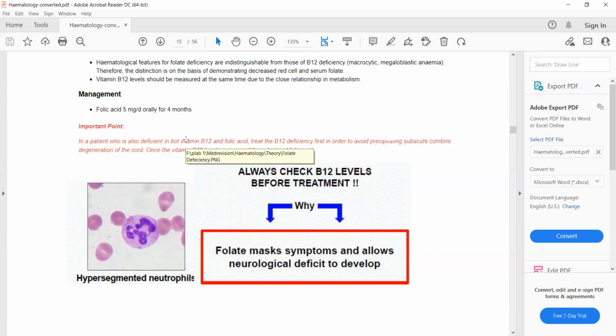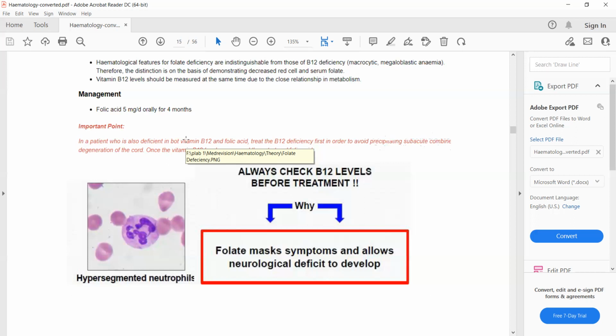That's why you need to always check B12 levels before treating folic acid deficiency. If both deficiencies are present, you will treat B12 deficiency first and then folic acid deficiency, in order to avoid precipitation of subacute combined degeneration of the spinal cord, which is a serious condition. So always check B12 levels before treatment.